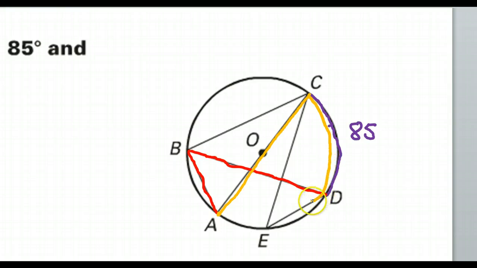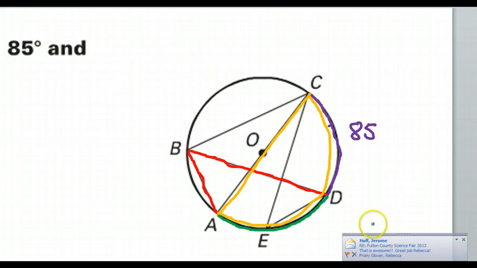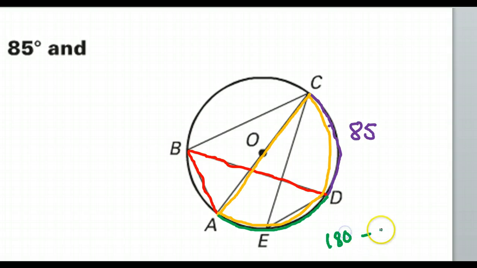I'm going to not go out all the way so I can still trace it on the outside. But this is a semicircle here. And notice that I'm given this purple part of the semicircle is 85. So I should be able to quite easily find this green part of the semicircle by subtracting from 180. So 180 minus 85 is going to be 95. Okay, so this green arc here is 95.